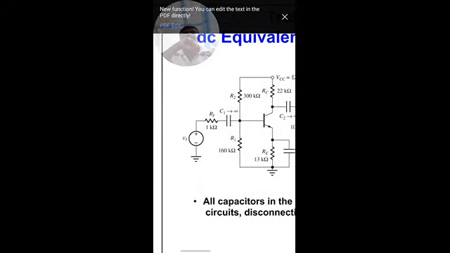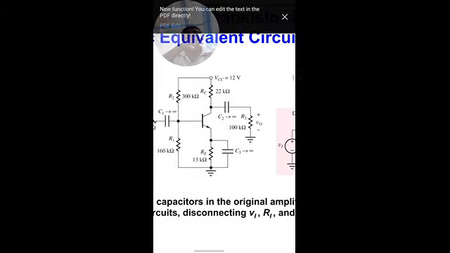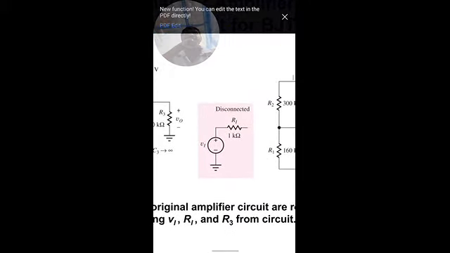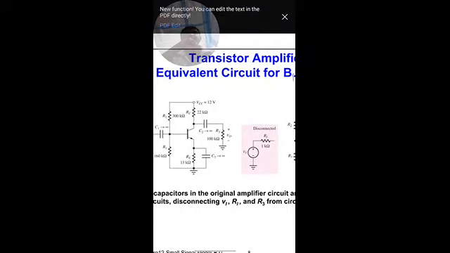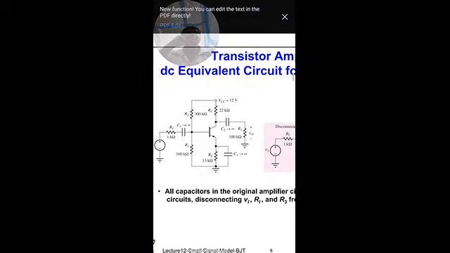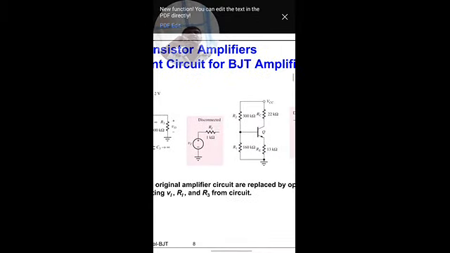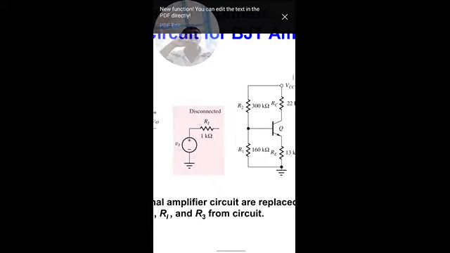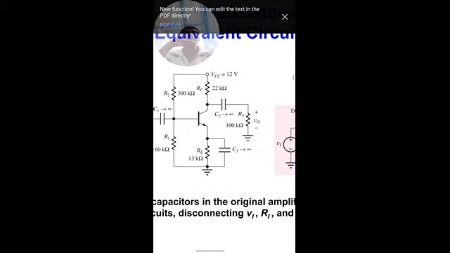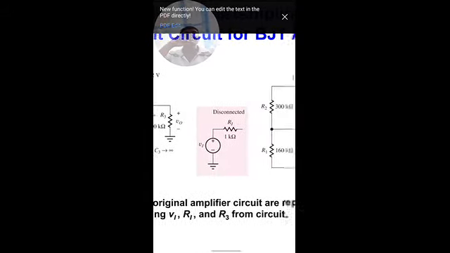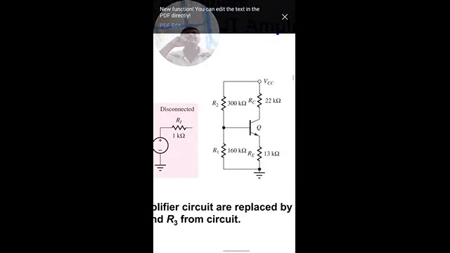To find the DC equivalent circuit, we remove the AC source, disconnected here. Then all the capacitors are replaced with open circuit for the DC voltage. So we redraw the circuit, removing the capacitors by keeping an open circuit, and the circuit will be like this.